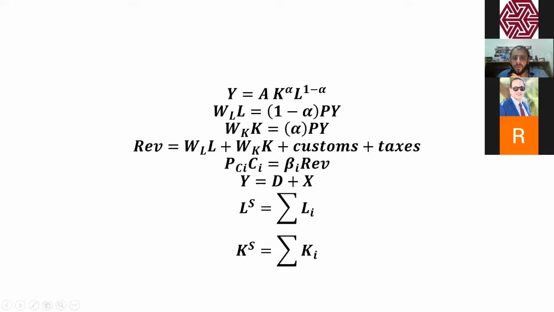Then we have now, if you remember, the revenue of the economy before was just including revenue of labor and revenue of capital. But now we assume that we have a representative agent, who includes both the government and households.